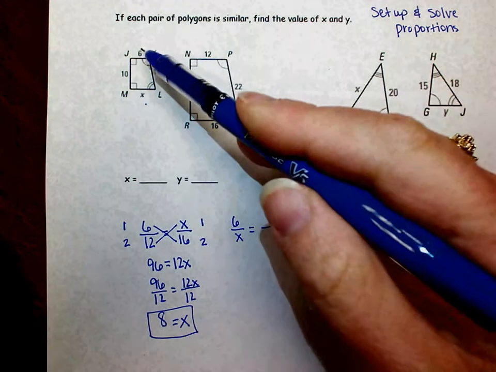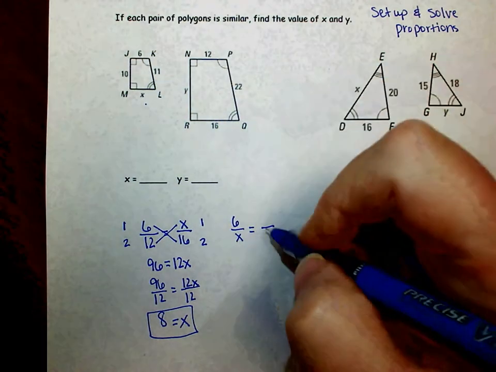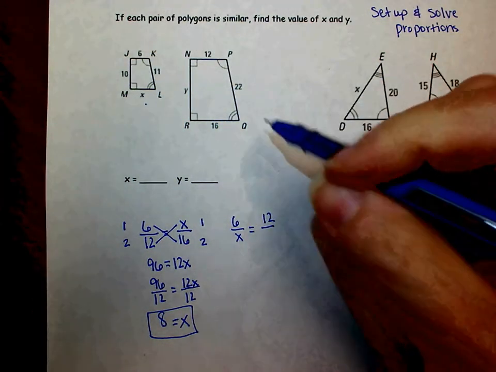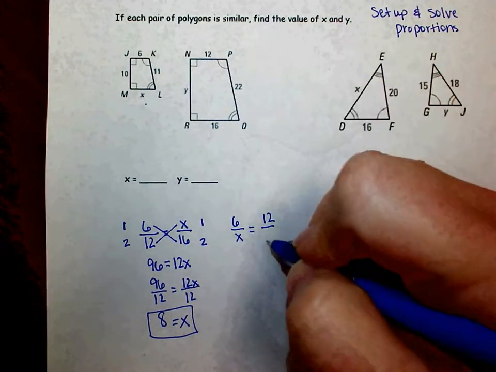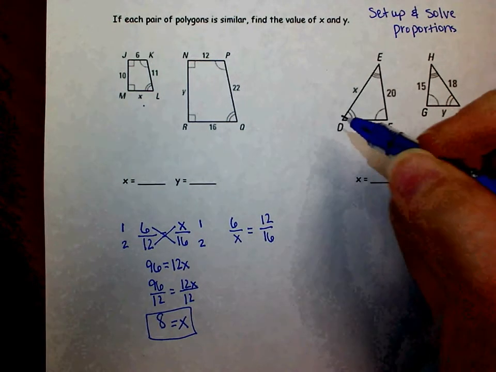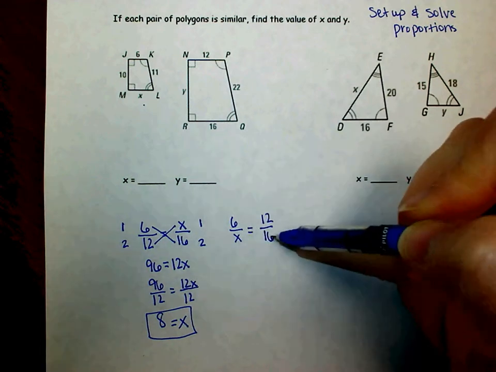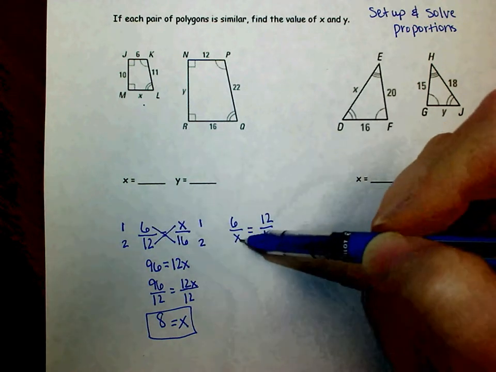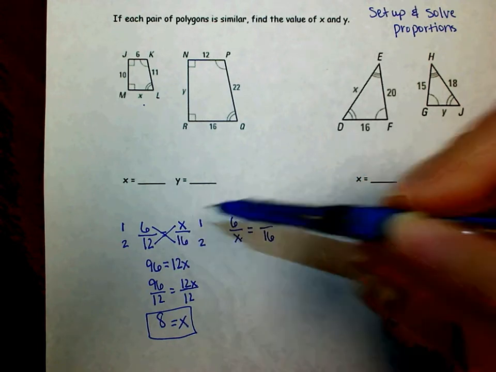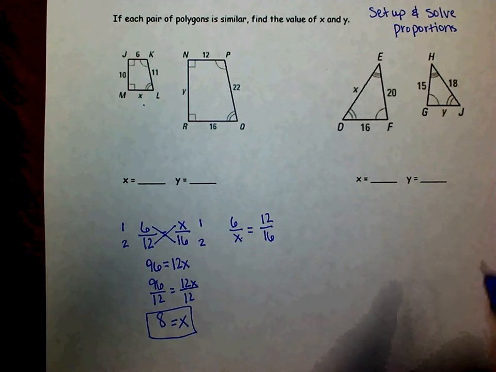Remember, the 6 corresponded to the 12, so I'd put the 12 in the numerator. The x corresponded to the 16, so I would put 16 in the denominator. Do you see your cross products would be exactly the same thing? 6 times 16, 6 times 16, 12 times x, 12 times x. So those are just a couple of examples of solving for x.